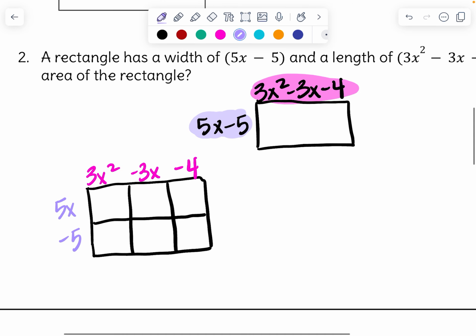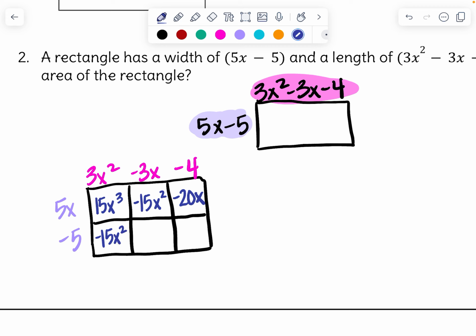And multiply. So this is 15x cubed, negative 15x squared, negative 20x, negative 15x squared, 15x, and positive 20.